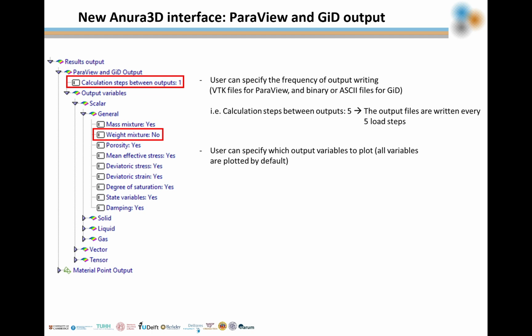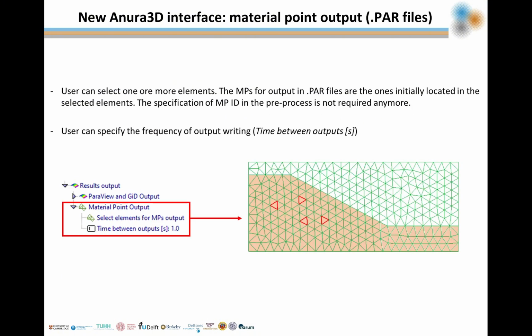Material point ID or MPID specification is no longer required in pre-processing. For material point output in the PAR file, users can select elements for material point output at stage 0. The time interval for material point output can now be defined at each stage.